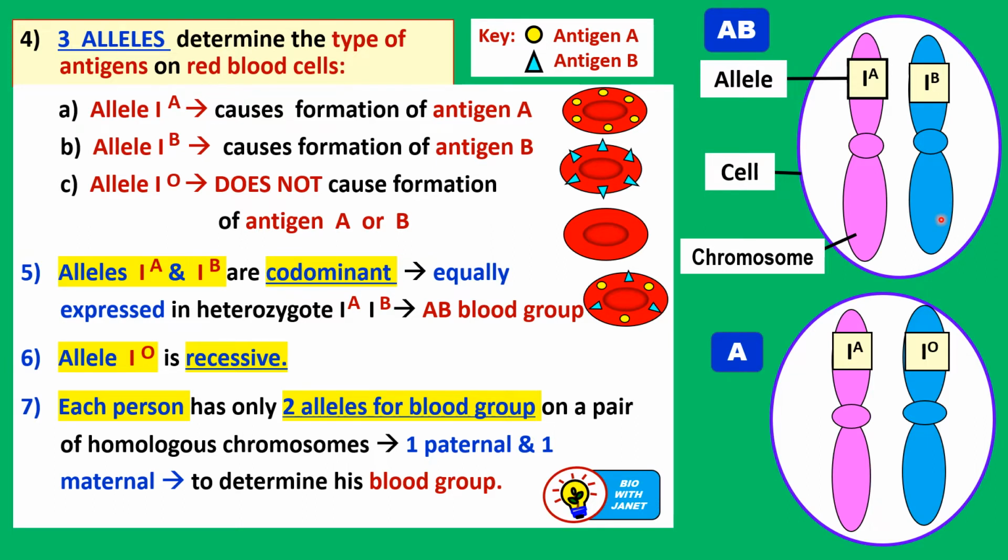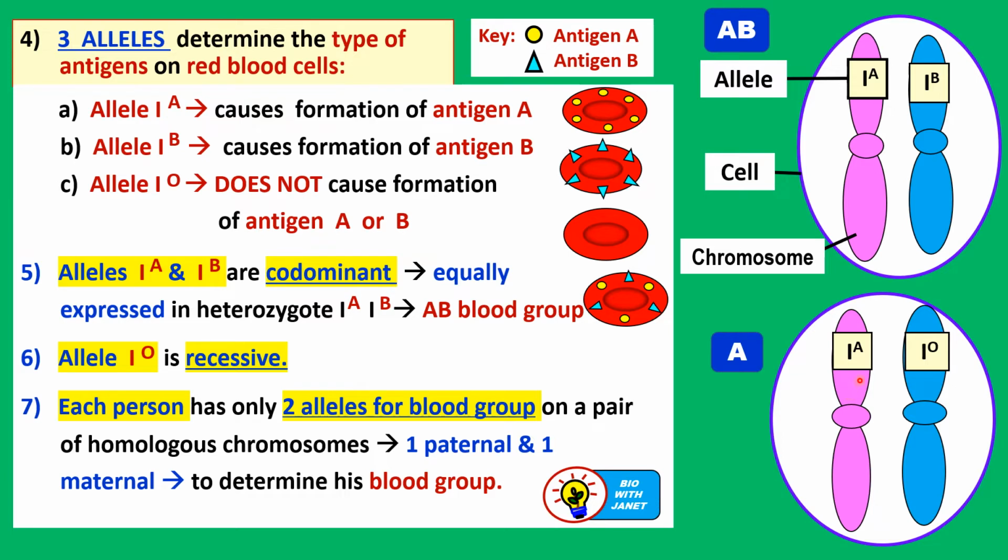A person can have only two alleles for blood group on a pair of homologous chromosomes, right? Because one allele comes from the father and one allele comes from the mother. Father will contribute one allele for blood group on chromosome number 9, the paternal chromosome number 9, and mother will contribute another allele for blood group on the maternal chromosome number 9, right?